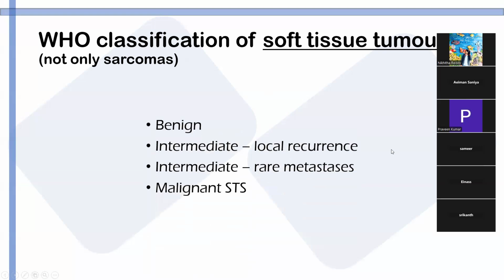That's good. Okay. Why would you think that WHO mentions this? Intermediate local recurrence, intermediate rare. Why did you even think about classifying it like this? What is the logical basis behind this? Treatment, sir? Treatment, not so much. More the malignant potential, sir.